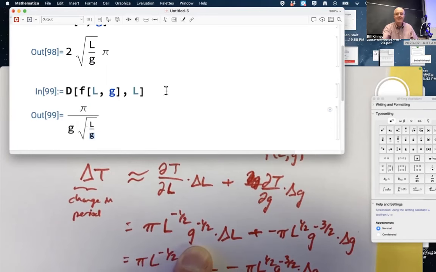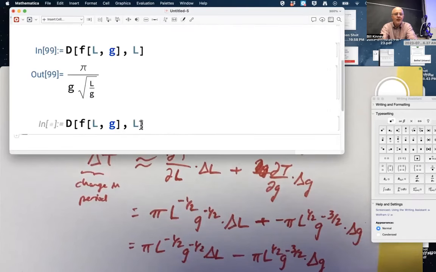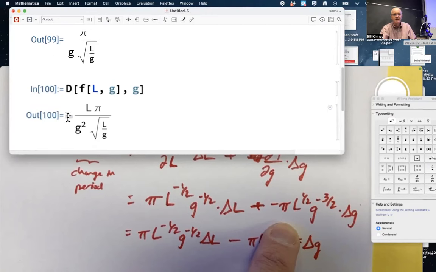This is correct. If I copy and paste that and switch the L to a G, then I check the derivative with respect to G and I get this. Okay, yeah, Mathematica is writing things in strange ways, but these are equivalent. You do see the negative sign. You do see the pi. L over square root of L is the same as square root of L on the top, which is what we've got there. I got the G's in the bottom, a G squared divided by square root of G.